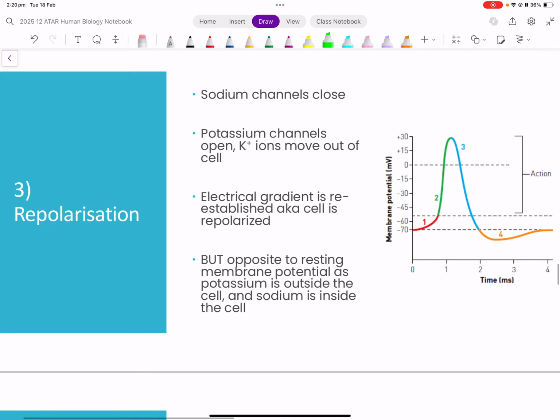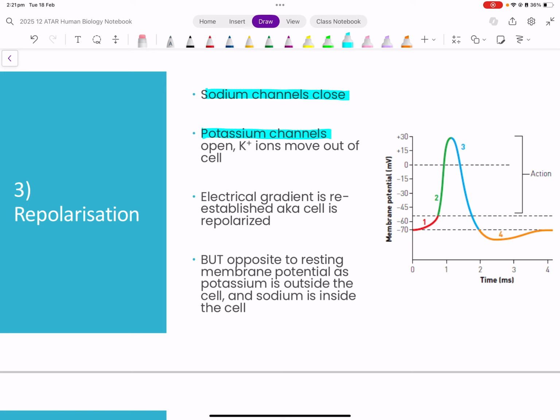When we look at the next step, eventually our cell has this large difference, and we've reached about positive 30 millivolts, as I've highlighted in yellow at the top here. We move on to the third step, known as repolarization. During repolarization, all of these sodium channels are closed. Sodium has flooded in, and so the cell has tried to close those channels. Now, in order to try and balance this charge, it opens potassium channels.